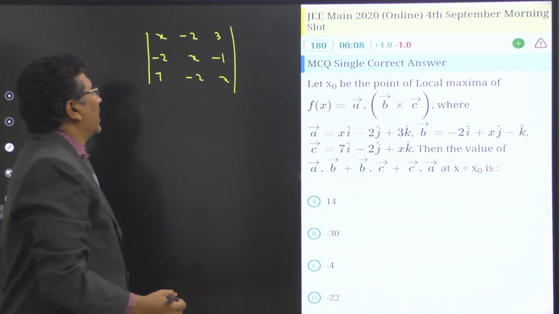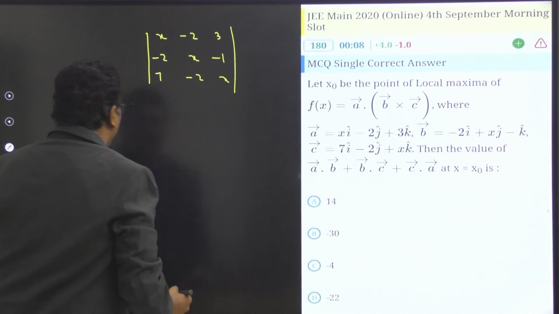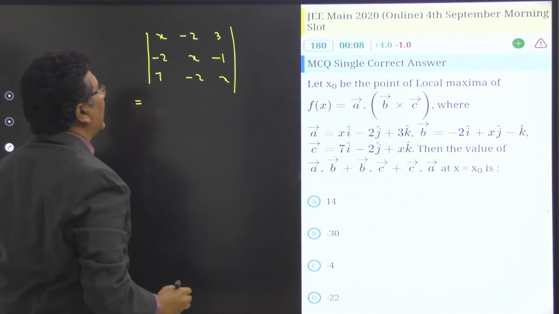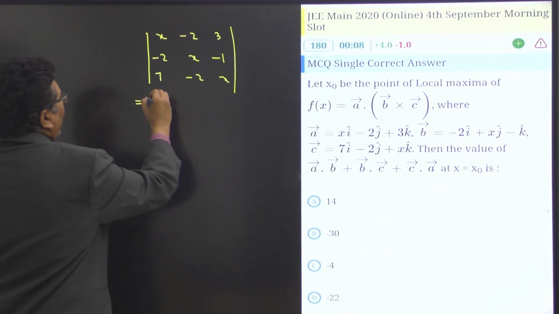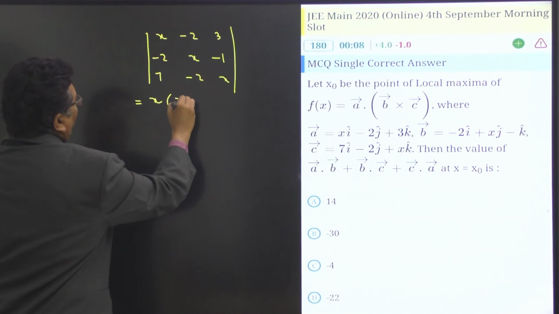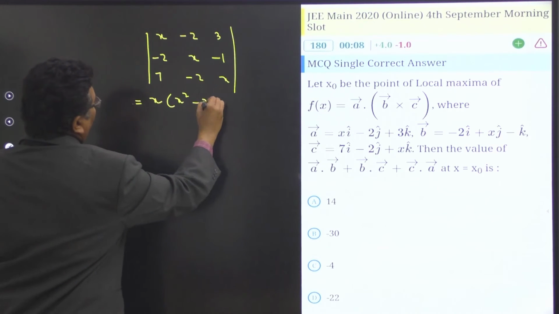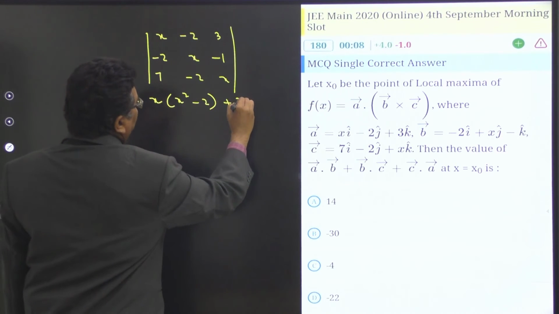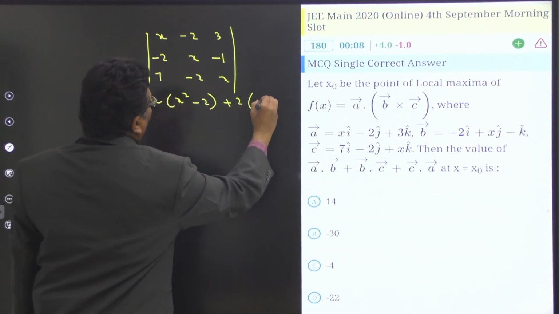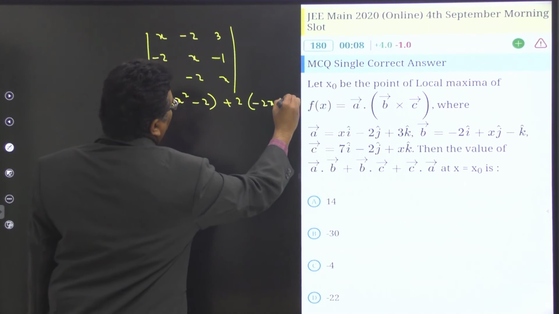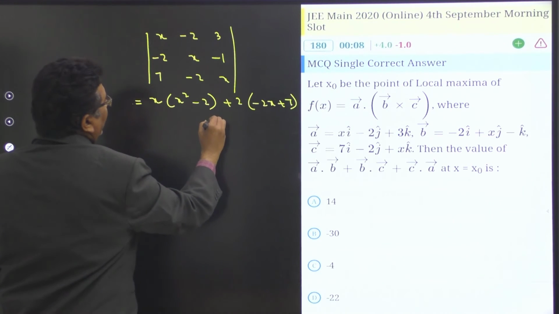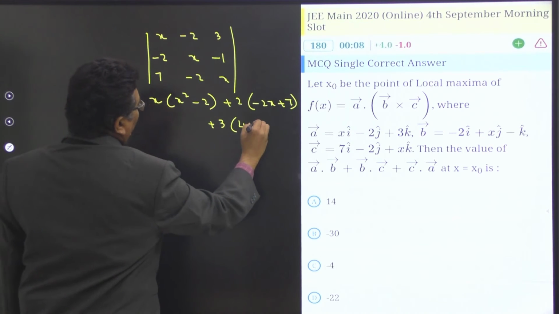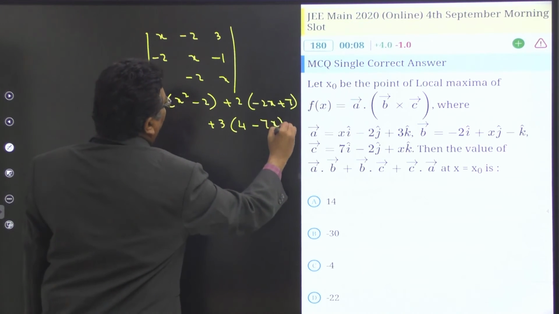Now first calculating this determinant value, expanding this determinant along the first row: x into (x square minus 2) minus of (minus 2) into (minus 2x plus 7) plus 3 into (4 minus 7x).